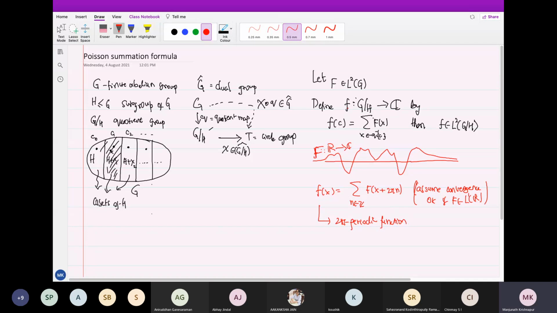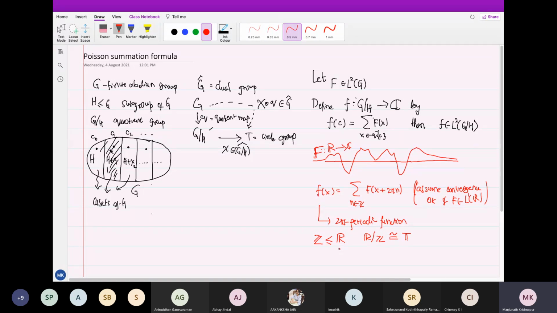So that's exactly the analogy with what we are doing here. We want a function. Here R is a group and Z is a subgroup, and R mod Z is isomorphic to the circle group.